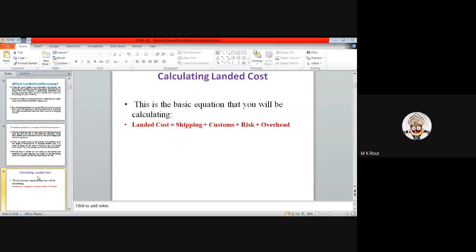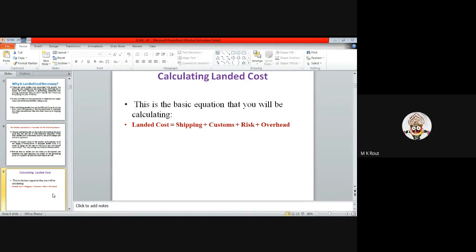Landed cost equals the shipping cost plus the custom duty cost, plus taxes, insurance cost, and overhead cost. I repeat, landed cost equals the shipping cost, custom duty cost, taxes, insurance cost, and the last one is the overhead cost.